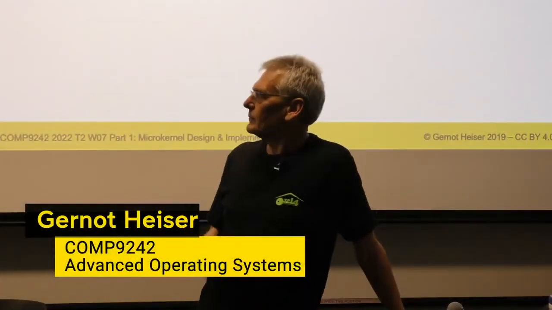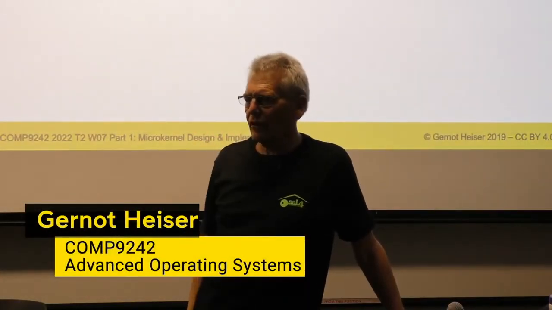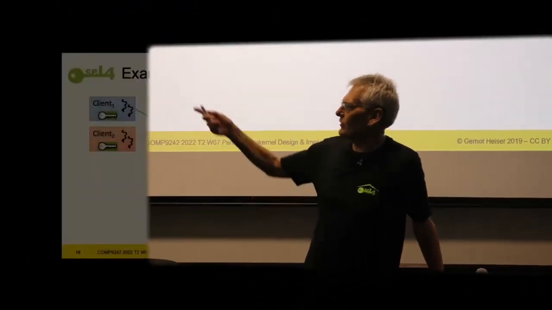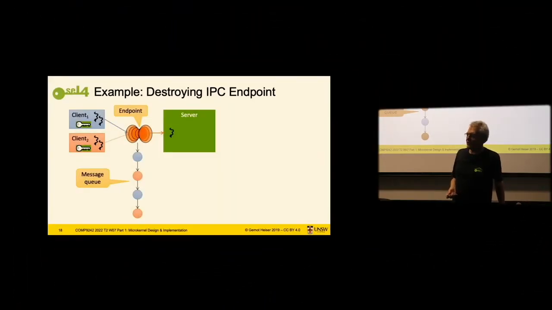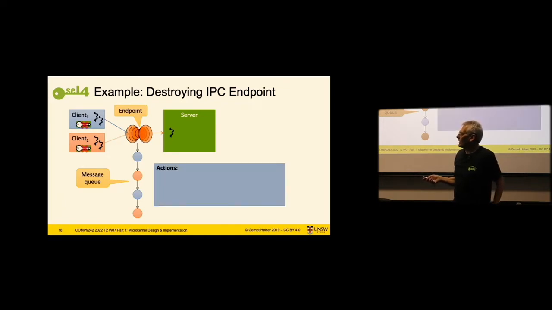So here are the examples of implementing this incremental consistency. The example I already mentioned is cleaning up an endpoint. So assume we have this endpoint, and there are, in this case, receivers blocked on the endpoint, and then we revoke the endpoint capability.